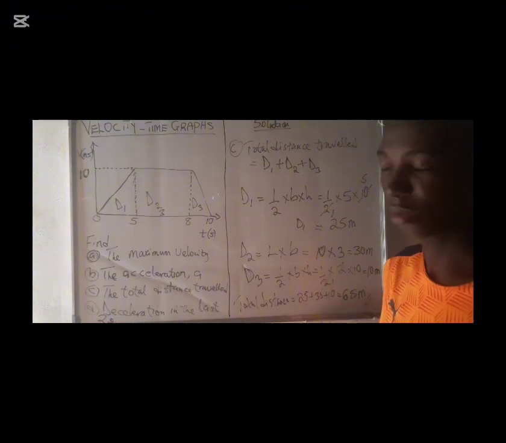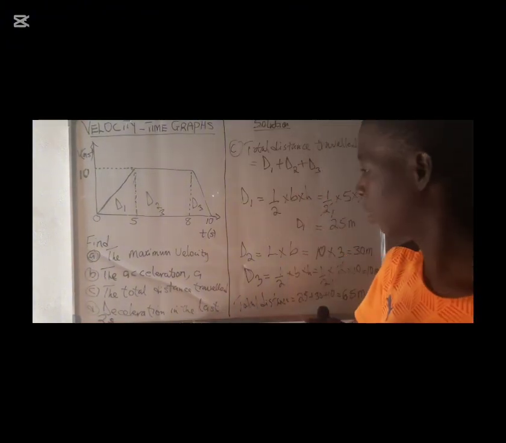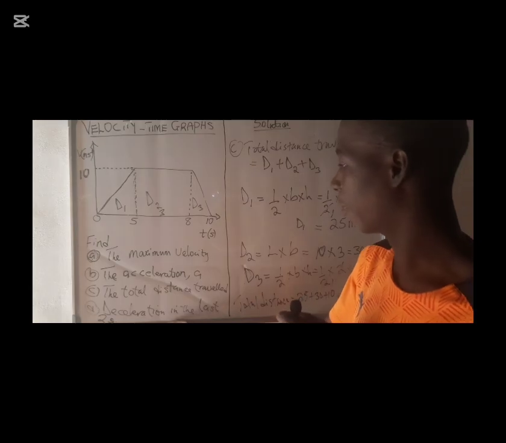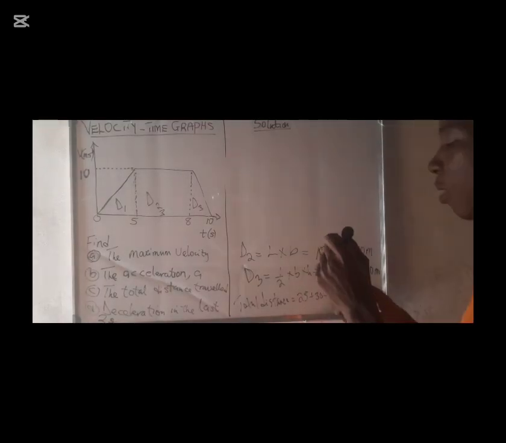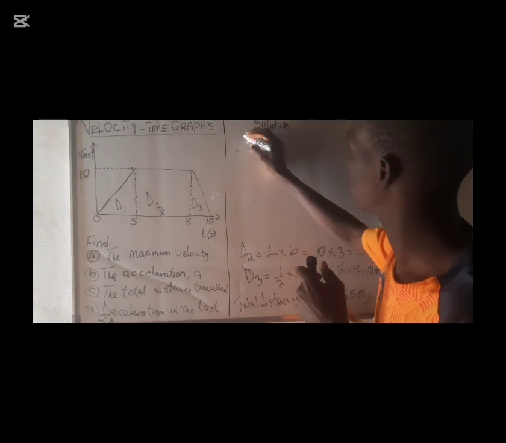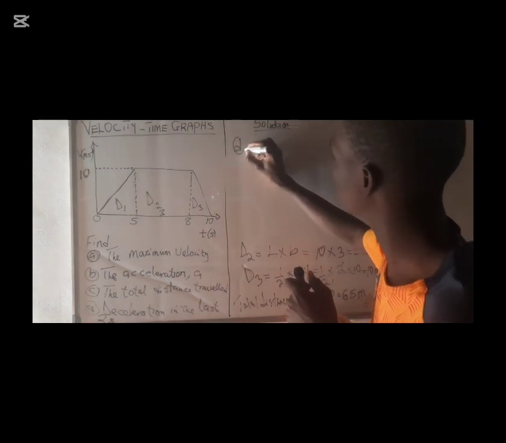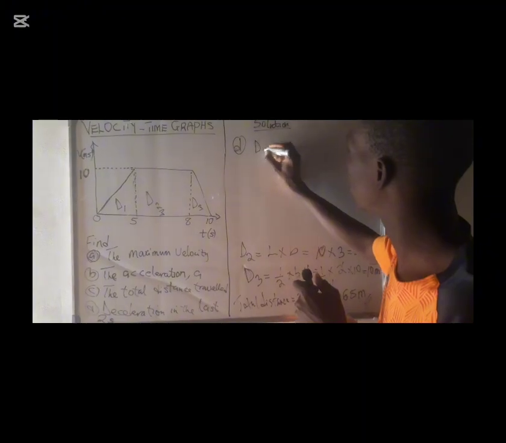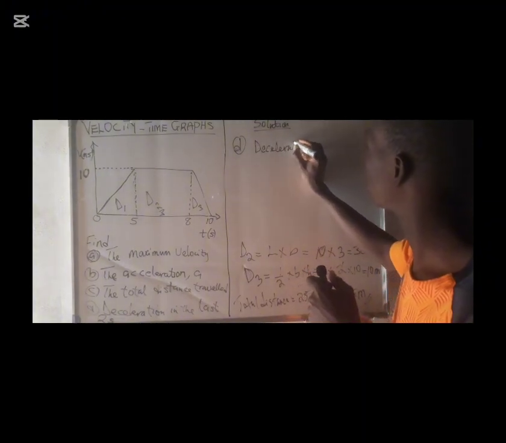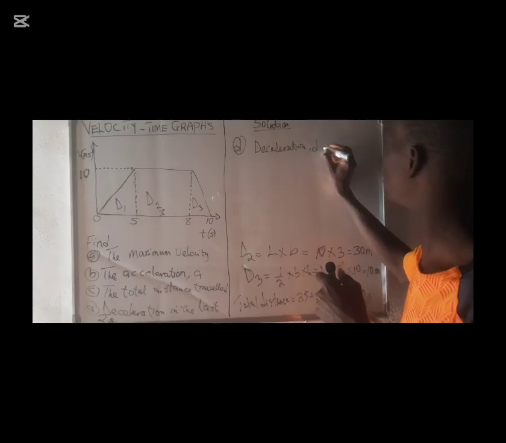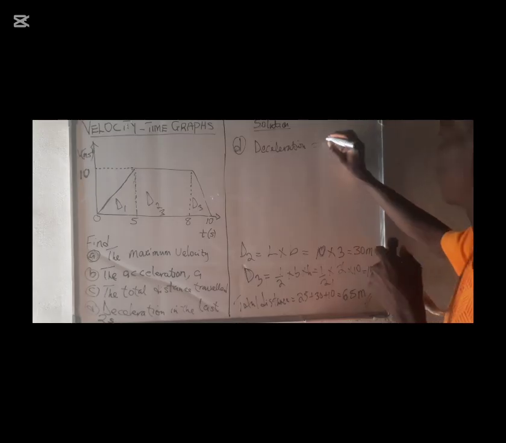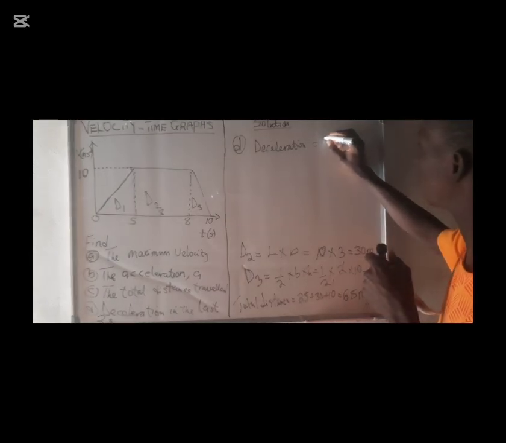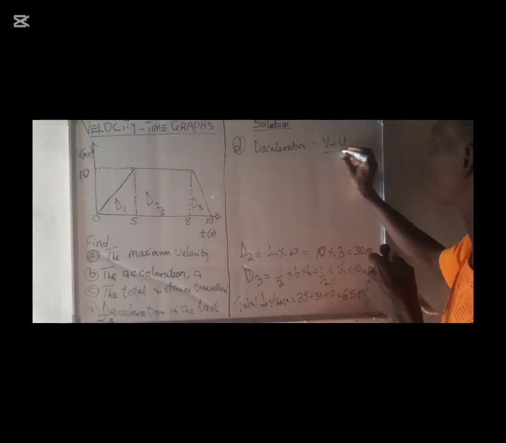So to find the deceleration here, we use final velocity minus initial velocity over the time.